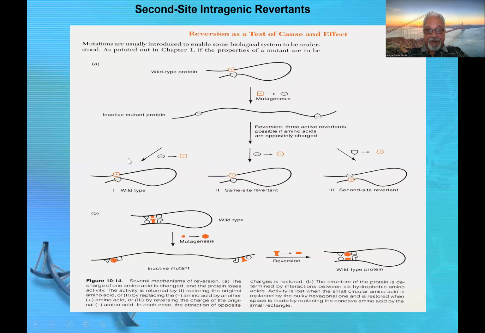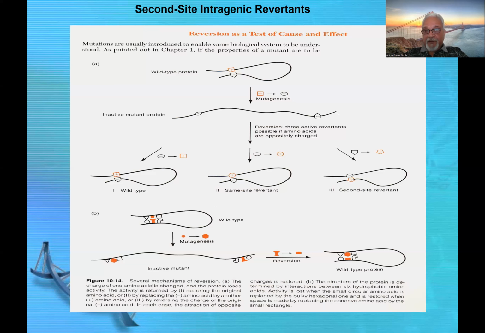But here, if you see type 1 reversion, it is the true reversion because the second mutation has reverted the mutated amino acid to the original wild type amino acid. Here, the nature of the mutated amino acid is changed to the wild type.